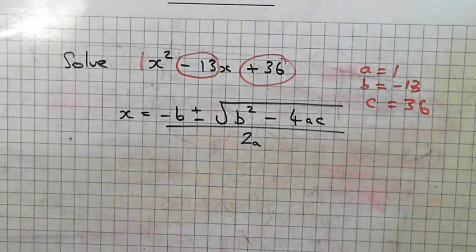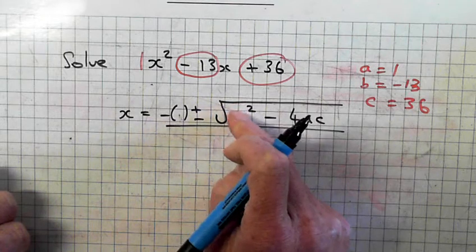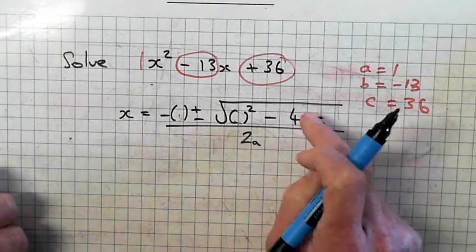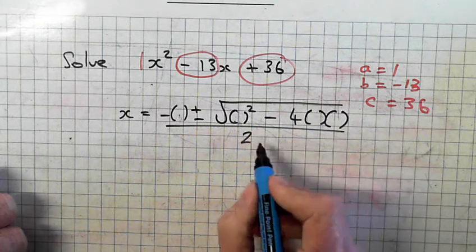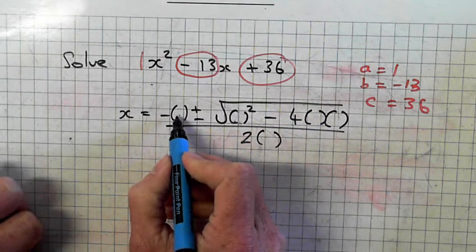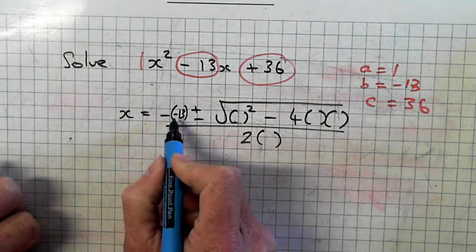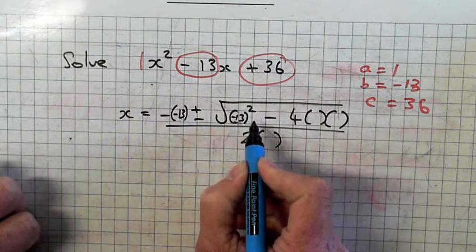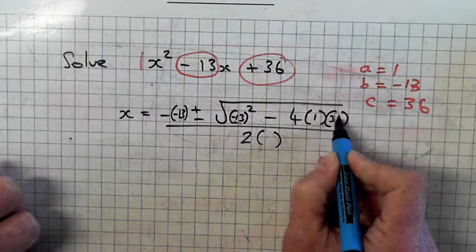Alright, so we fill them in. We replace the letters first with brackets, so you don't make any mistakes with signs. So the b was minus 13. This was an a, 1, c, 36.